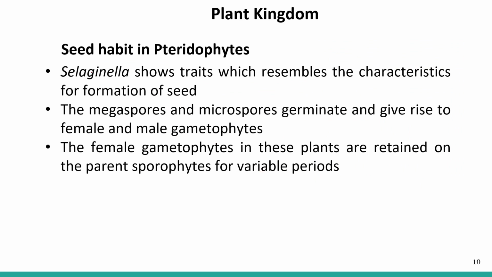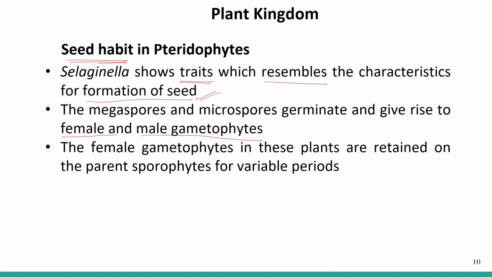Seed habit in pteridophytes. The first time seed habit can be seen is in pteridophytes. Selaginella shows traits which resemble the characteristics for the formation of seed. From the evolutionary point of view, we can see this as the starting of seed formation. The megaspores and microspores germinate and give rise to the female and male gametophytes.